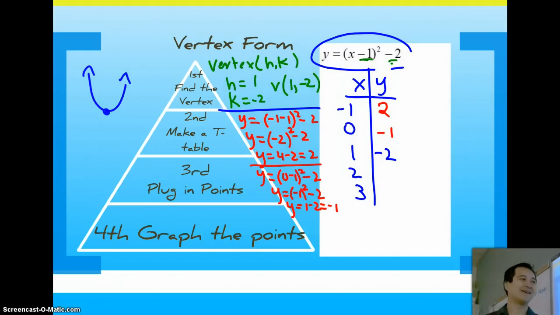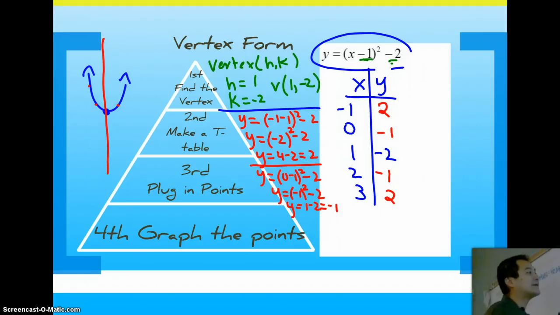Good. Did you guys pause? I hope so. I did it in my head and I got -1 and 2. I want you to look at that carefully. Do you notice anything special about that? Look at the numbers. They kind of repeat over here. I wonder why is that. Remember, a parabola is symmetric. Remember this line of symmetry? When you pick a point over here, isn't that the same y value over here?